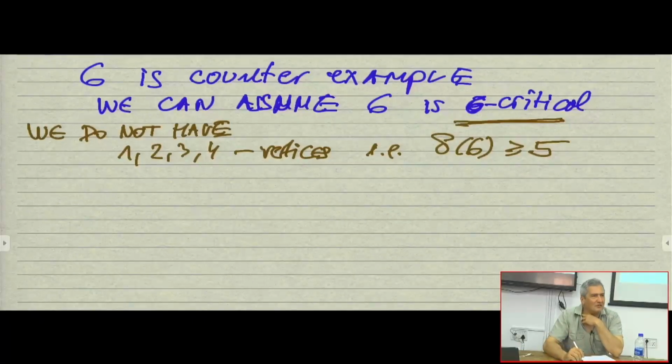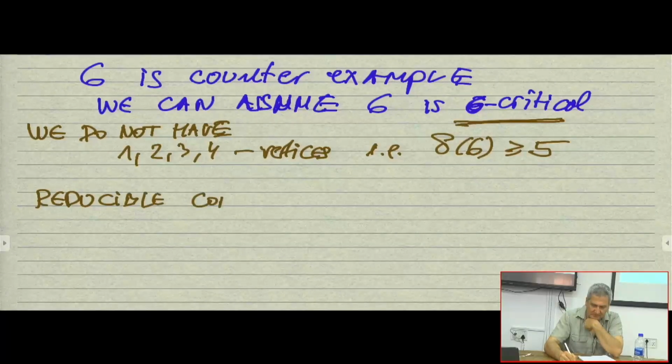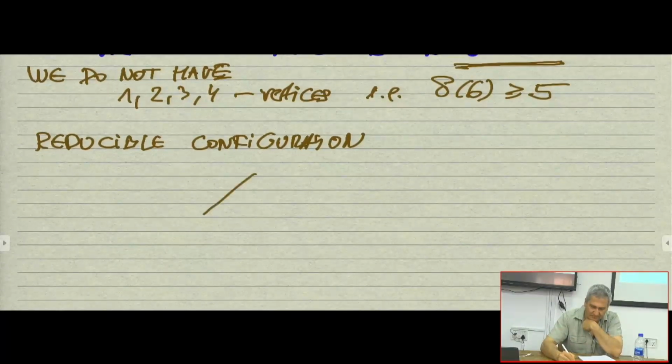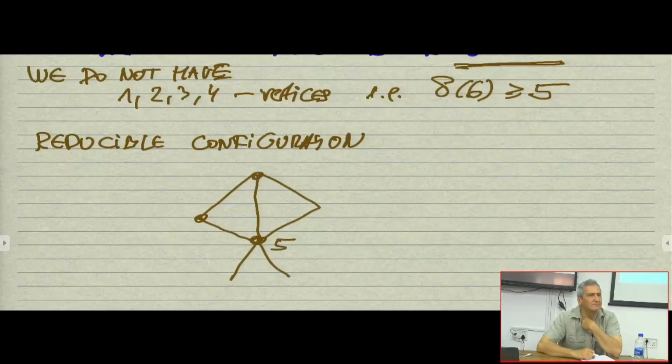We take one reducible configuration, just one. A reducible configuration. Two triangles, and here's our vertex.